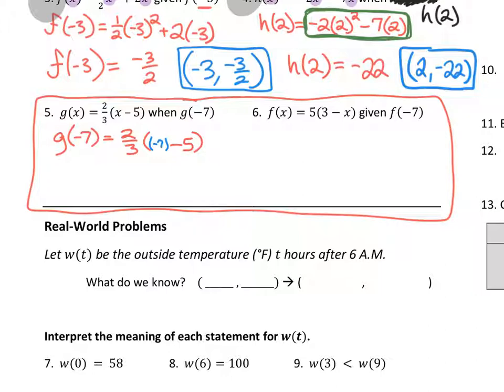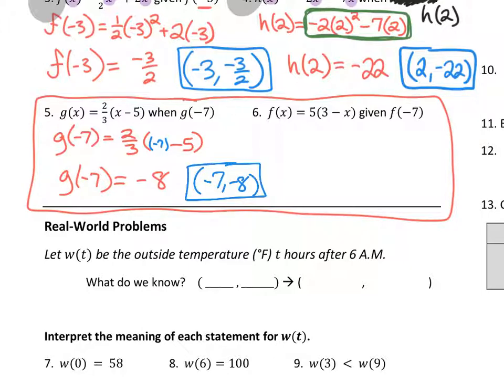When I plug and chug, so here's the plug, and when I chug it out, I should have gotten g of -7 is equal to, I believe, -8? Yeah. Okay, which means my coordinate is -7, -8. You get the same answer though, without putting the extra. In this particular one, you do. There are some you won't.